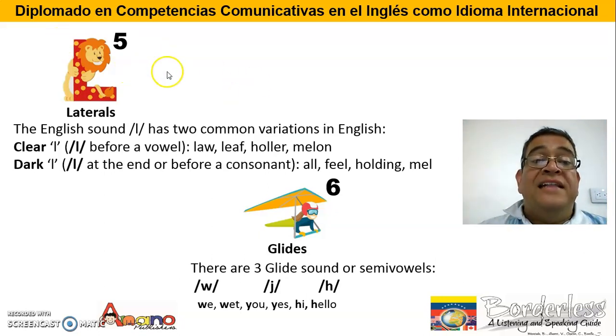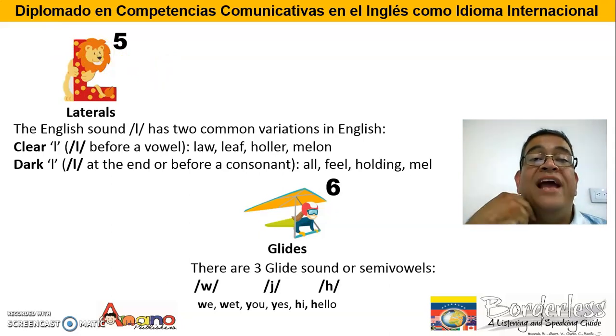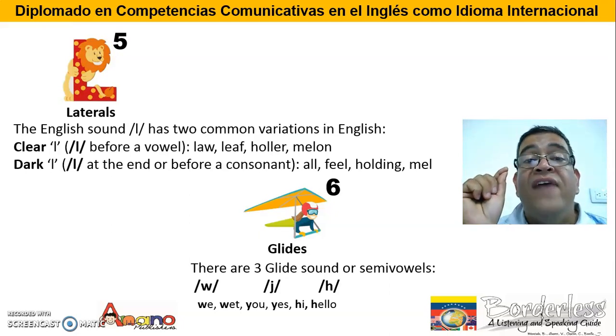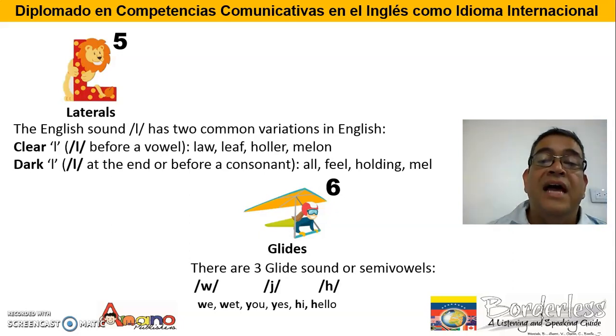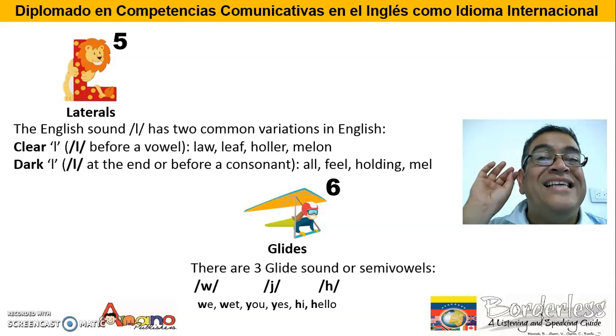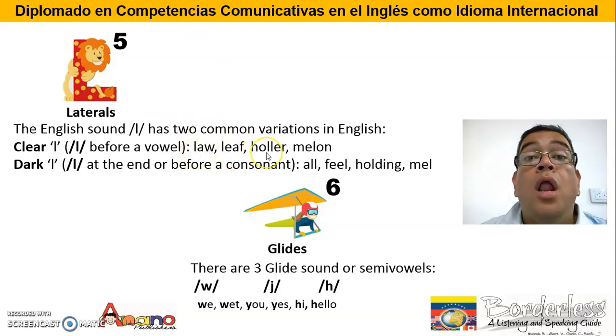But, well, the L sound has two common variations in English. We have the clear L, and this is produced when it is before a vowel, and the dark L when it is at the end of a word or before a consonant. For example, it sounds clear in the examples shown here, like low, leaf, holler, and melon.